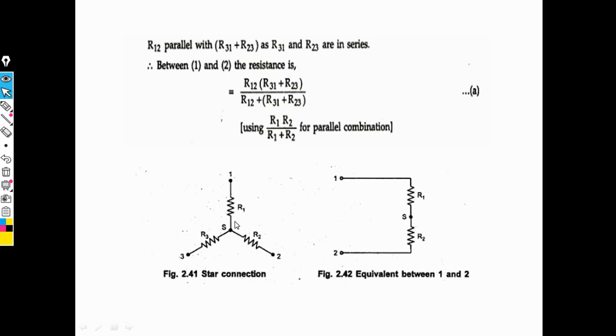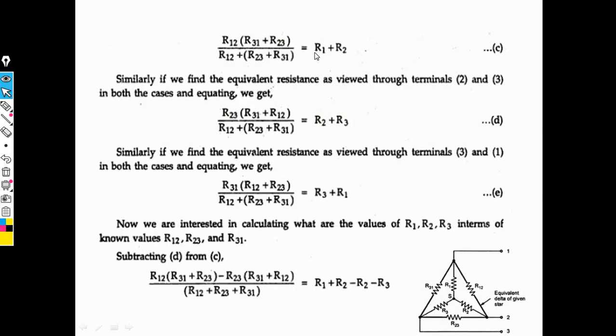Okay, similarly for star, R1 and R2 are connected in series here, but R3 is parallel. Then we have to obtain the values of R1 plus R2, R2 plus R3 and R3 plus R1 with the help of the combination of delta to star. This is the very important circuit diagram in delta to star transformation.